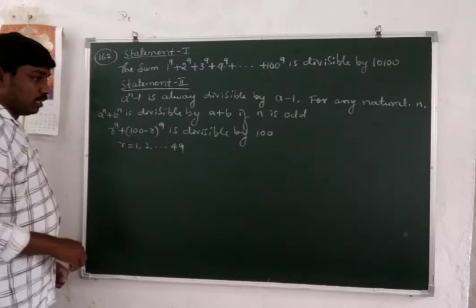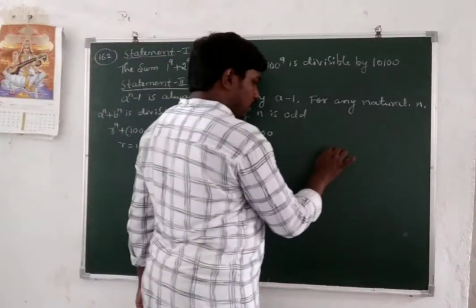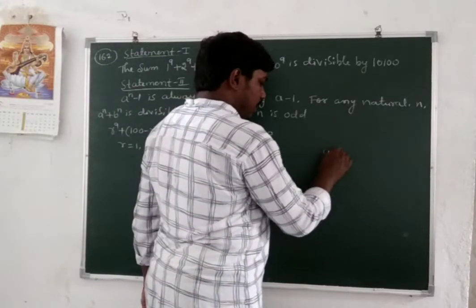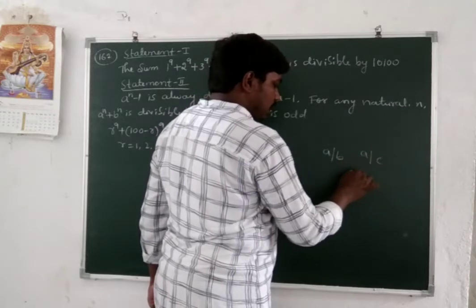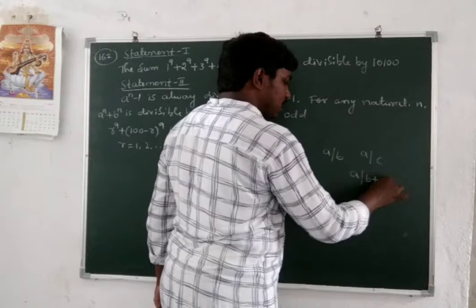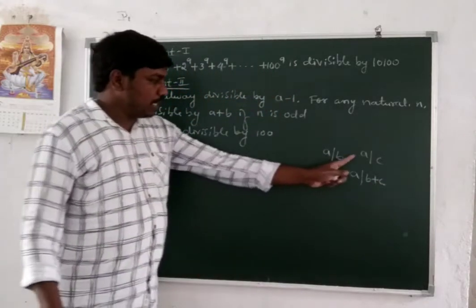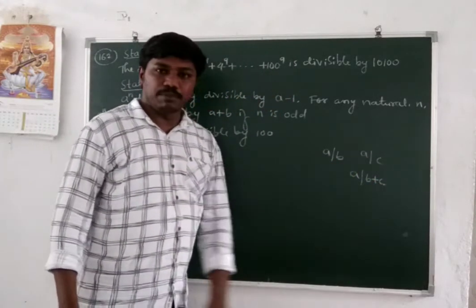Suppose a is divisible by b, and a is divisible by c; then a is divisible by b plus c. That is, a divides b, a divides c, and a divides b plus c.